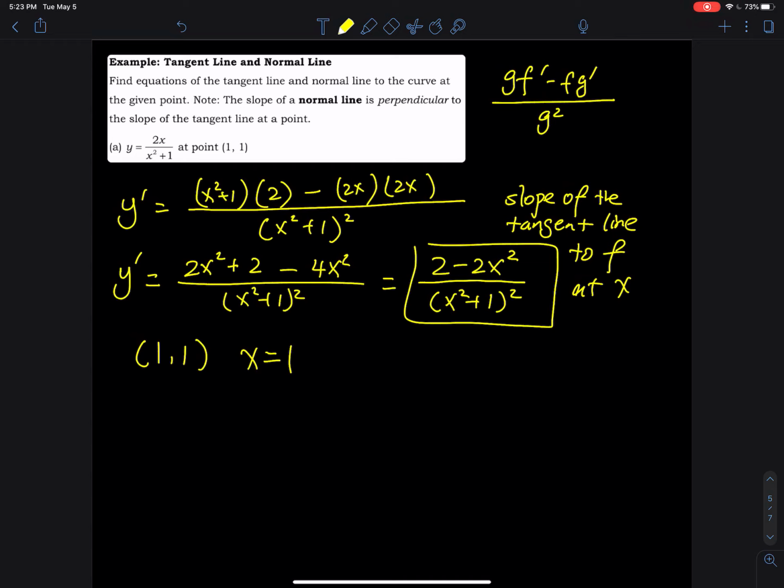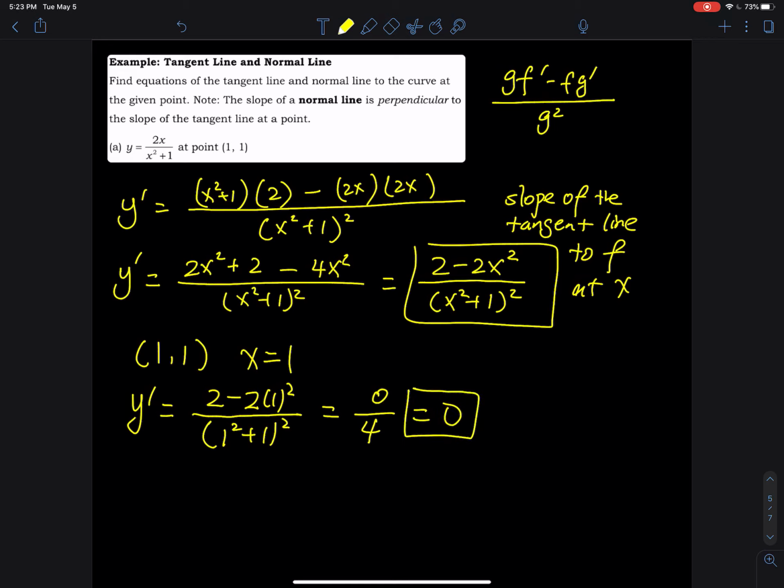So at that point, the slope is y prime equals 2 minus 2 times 1 squared, divided by 1 squared plus 1 squared. So that is 0 divided by 4, right? Which is equal to 0. So the slope of what line is equal to 0? The slope of a horizontal line is 0.